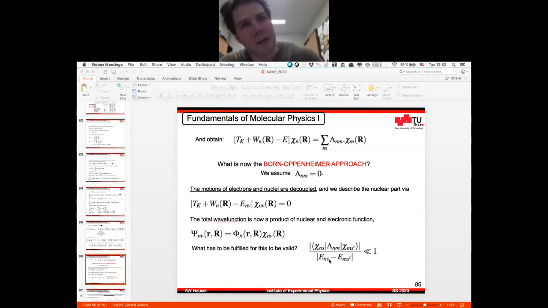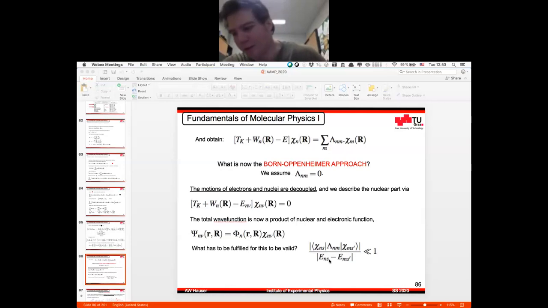This is correct, but it is a bit superficial because in some cases you have this coupling, and this is the case when you have this lambda nm terms being non-negligible, because then it matters what's your change in nuclear geometry, because it will substantially affect your electronic state. In these cases where all of a sudden, with a slight motion of the nuclei, the other electronic state gets lower in energy.